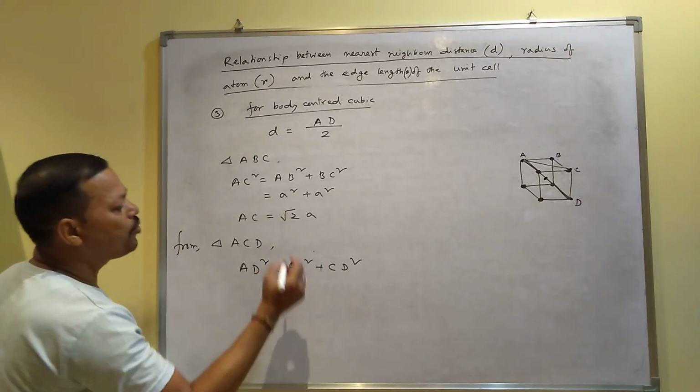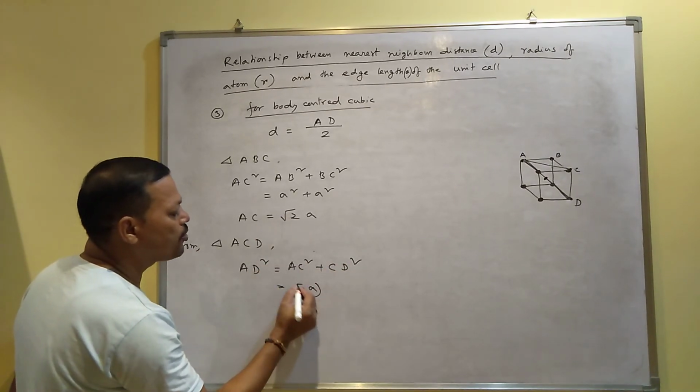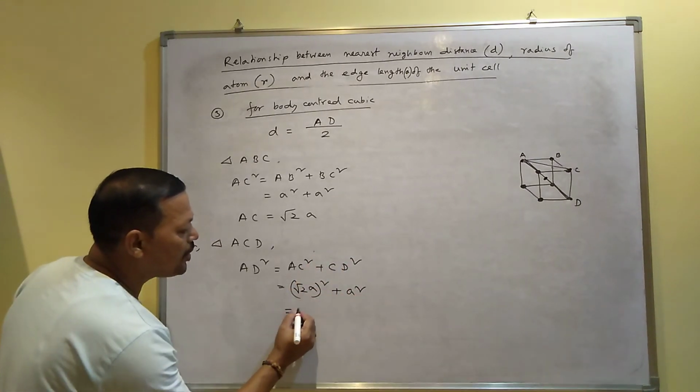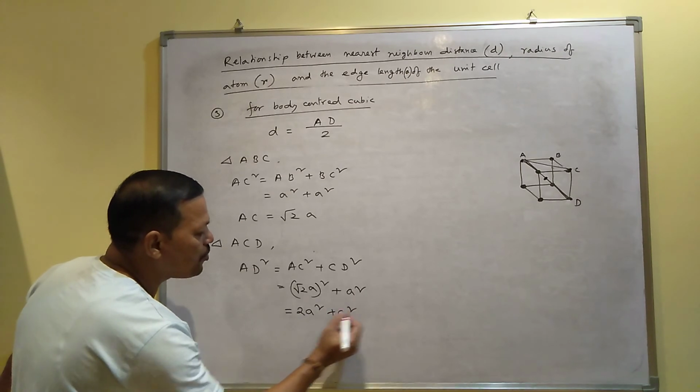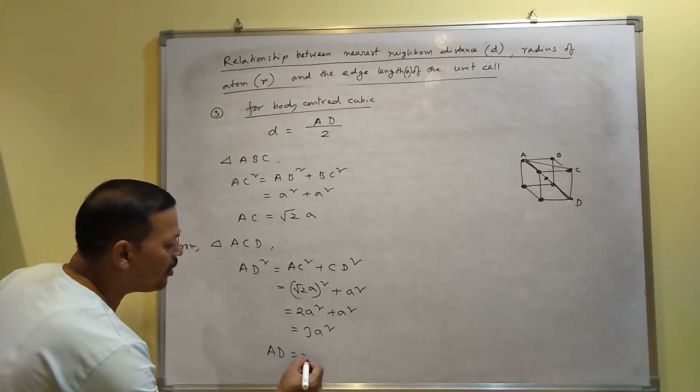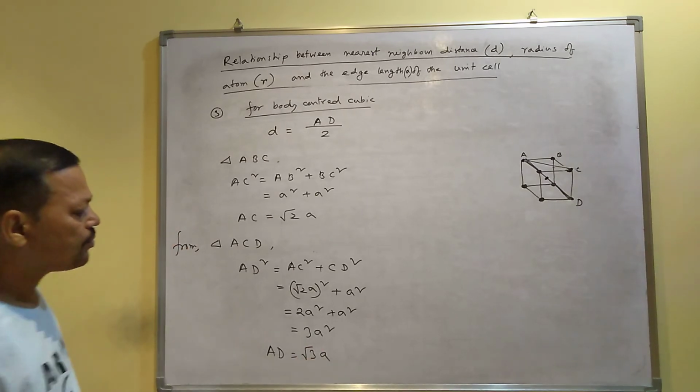AC is root 2 A, whole square, plus CD, which is the edge length, A square. Ultimately twice A square plus A square gives thrice A square. I mean, AD is equal to root 3 A.